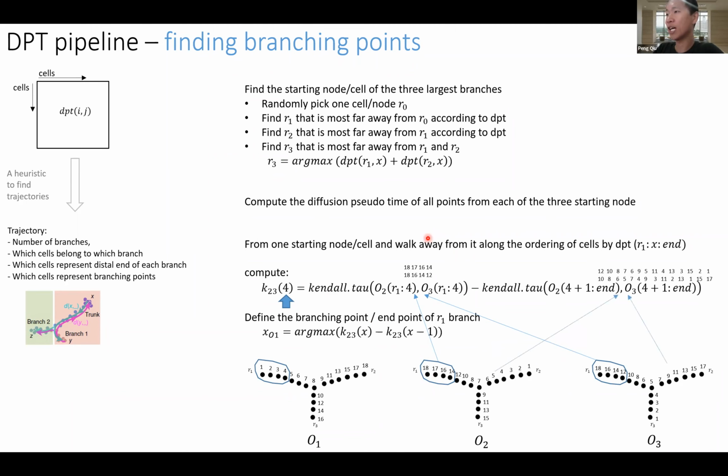But if we look at the numbers associated with the rest of the nodes, are they perfectly negatively correlated? Not necessarily, right? For these nodes that do not belong to the R1 branch, from here all the way to this point is increasing, but from here all the way to the other distal end is monotonically decreasing.